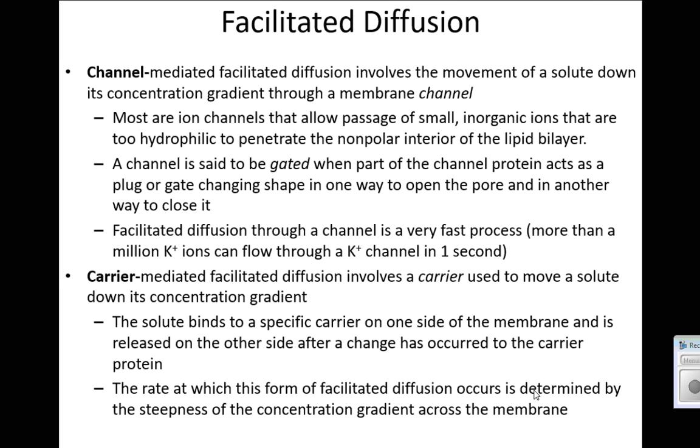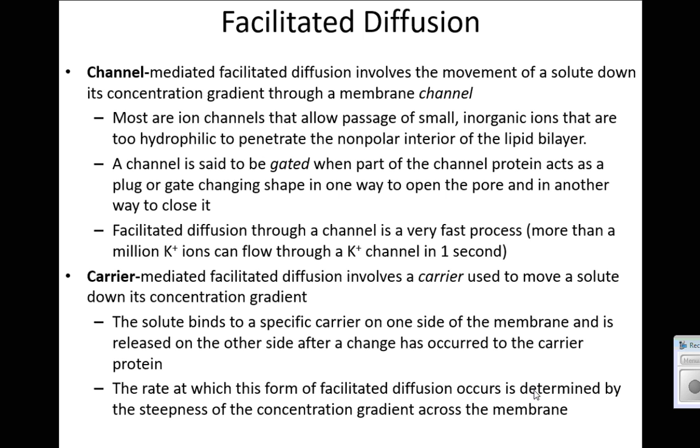There's two different forms of facilitated diffusion. The only difference is who's doing the moving, whether it's a channel or a carrier. We talked about channels and carriers just the other day. Remember, a channel is like a doorway that, as you move through it, does not change its shape.